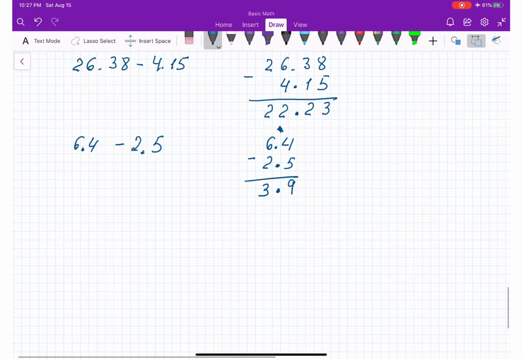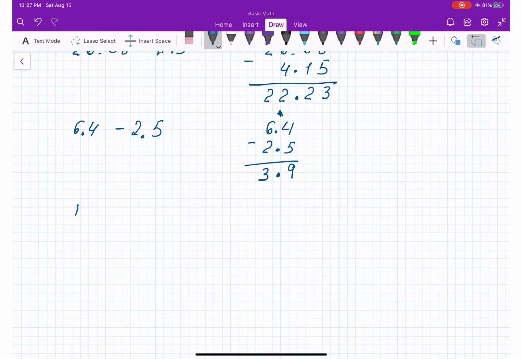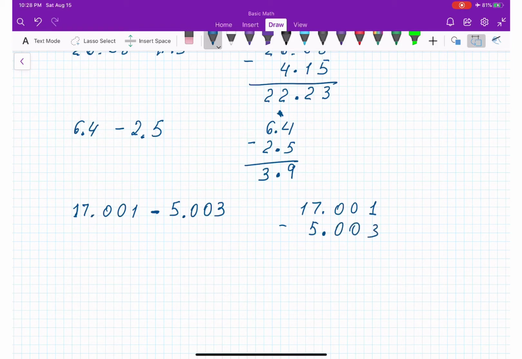Okay, next one, 17.001 minus 5.003. Okay, 17.001 minus 5.003.